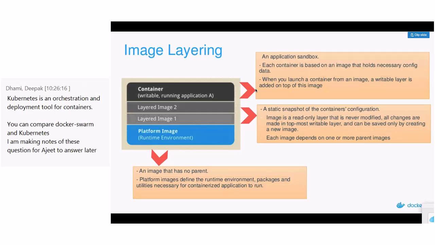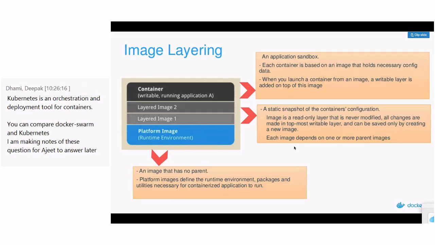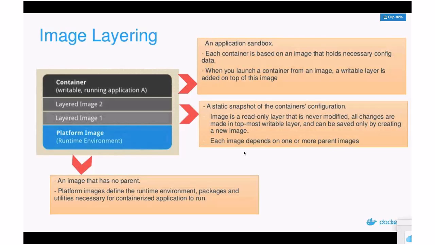This base image is read-only, whereas you keep adding software on top of it, and the topmost layer is a writable layer, and that is basically the container. So the static snapshot of a container's configuration is your Docker image, which is read-only. It is never modified. All the changes you make on top of this image come in the topmost writable layer, and this is where you build or deploy your application.